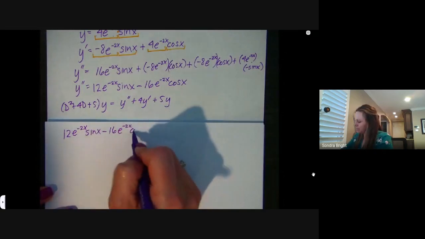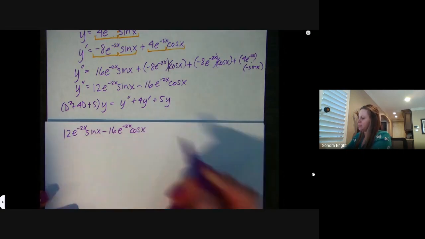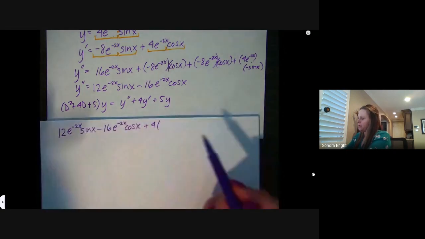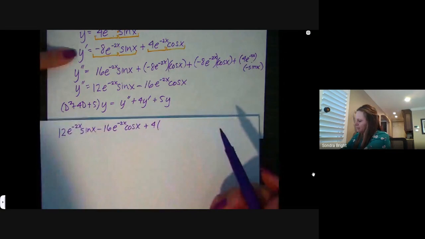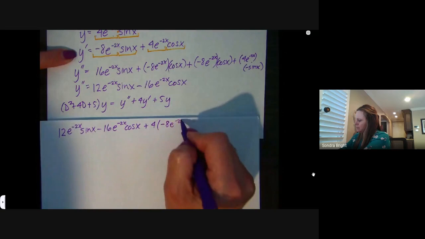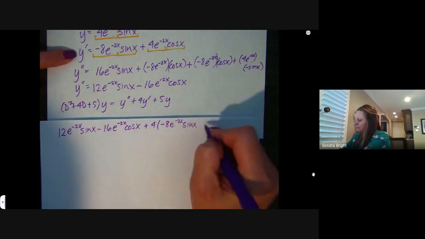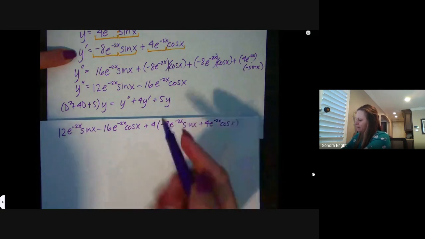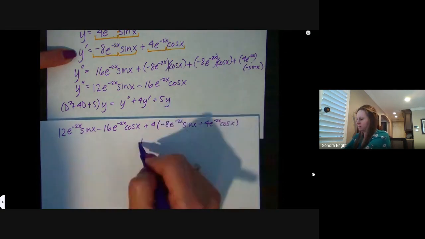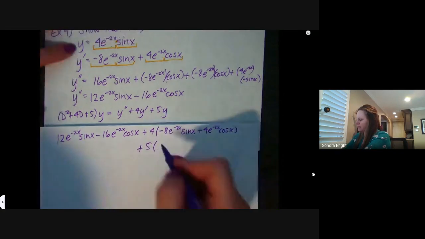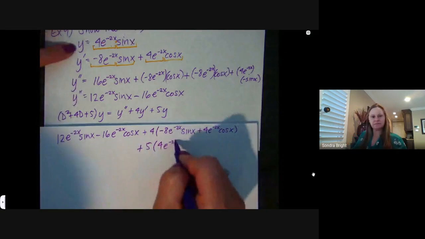And then a plus 4 times, first derivative was up here. We had negative 8 e to the negative 2x times sine of x plus 4 times e to the negative 2x times cosine of x. And then we have a plus 5 times y. And y was this guy, 4e to the negative 2x sine of x.